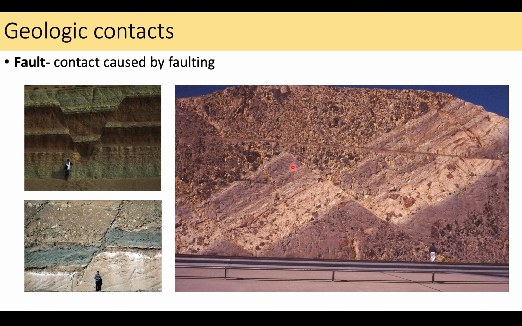But this layer, now in contact with this layer, normally wouldn't have happened other than being caused by this faulting. So faulting can also create contacts that can be really cool to look at, for example.